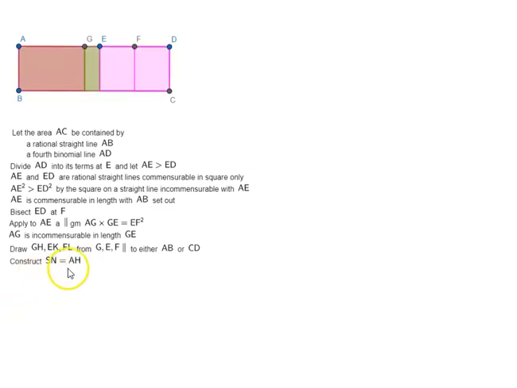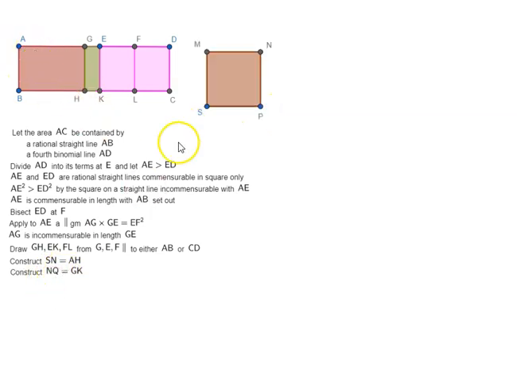Now construct SN equal to AH. Let me first name these points as well: H, K, and L. So we have to construct SN, a square whose area is equal to AH.